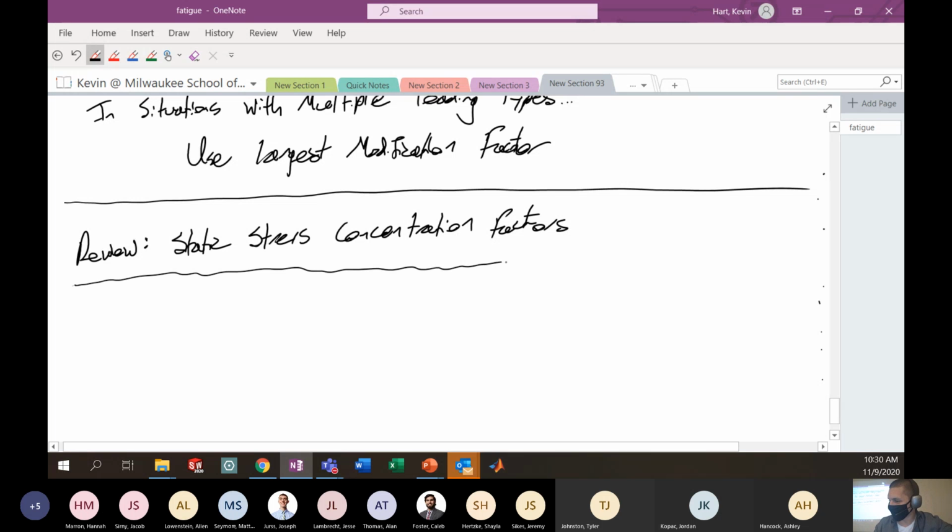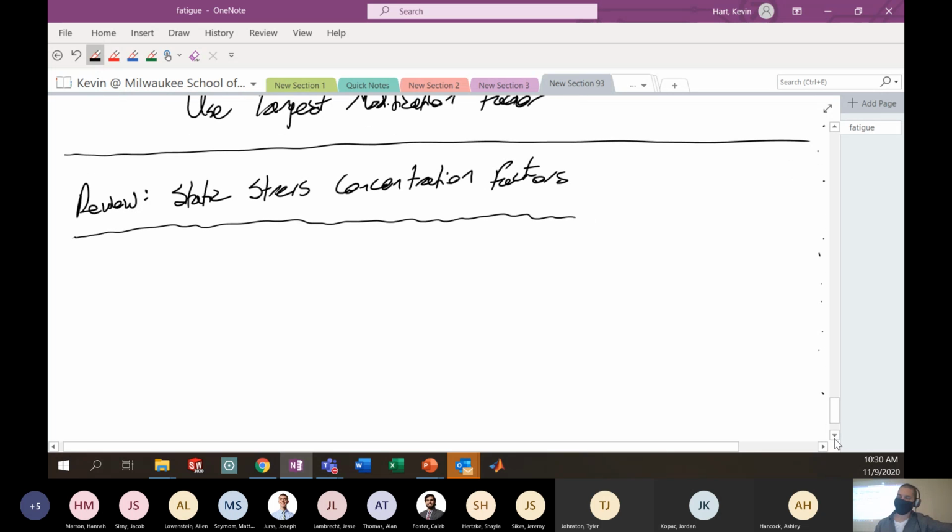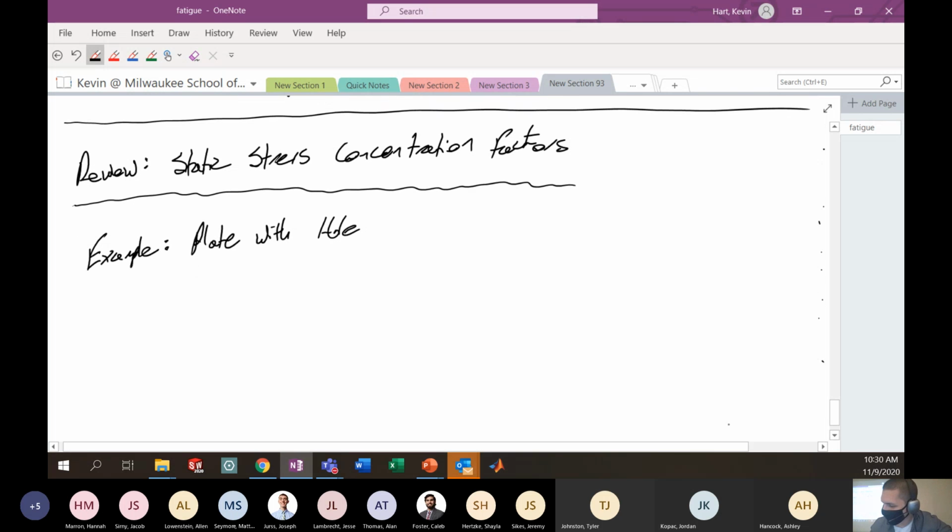Well, let's review because we seem to know it so well. All right. So, an example: a plate with a hole. This is the key prime example of stress concentrations.